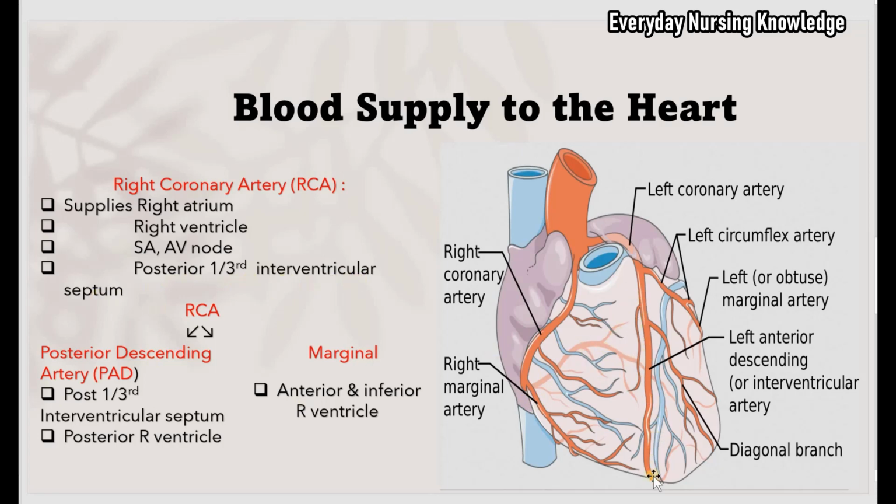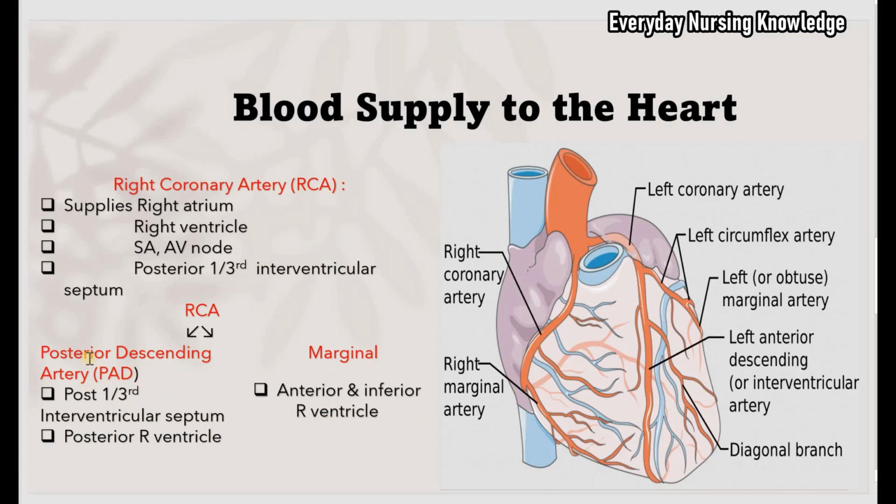So LAD gives blood supply to the anterior interventricular septum, whereas RCA goes back and gives blood supply to the posterior interventricular septum. Now as it goes down, RCA gives multiple branches, but the two main branches are PAD and marginal. PAD is the posterior descending artery.